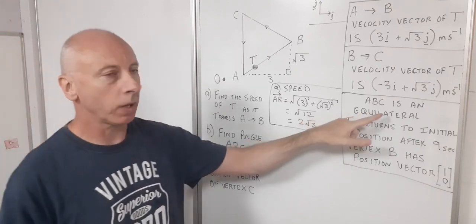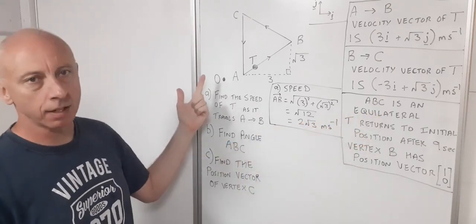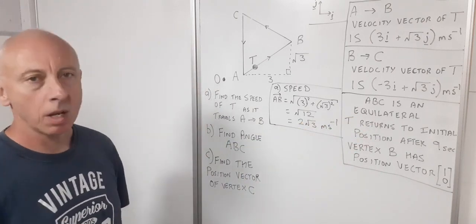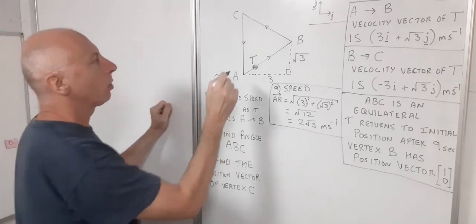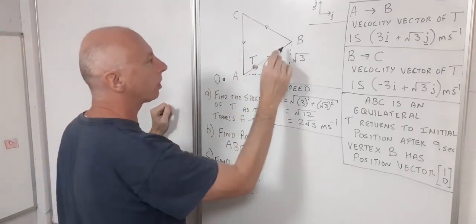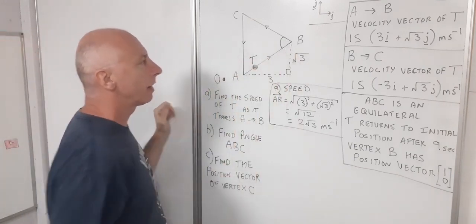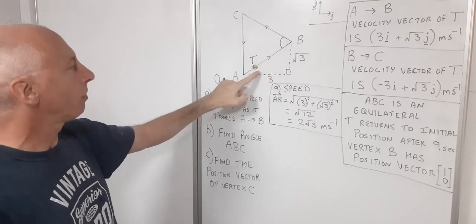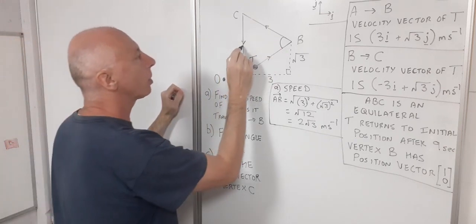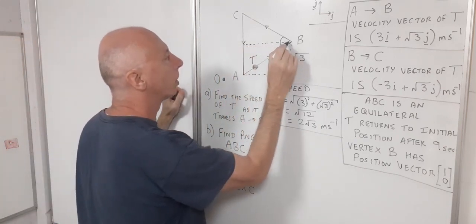Okay, now find the angle ABC. Now we know it's an equilateral, so we should get 60 degrees as it's an equilateral triangle. But let's try and prove that. To do that, we need to find the angle here. Now this angle here, we could calculate with this angle here and drawing a straight line across.